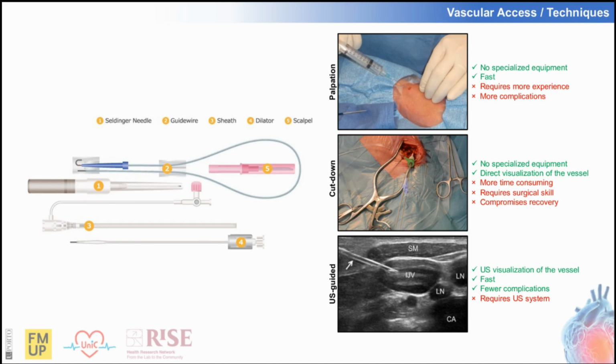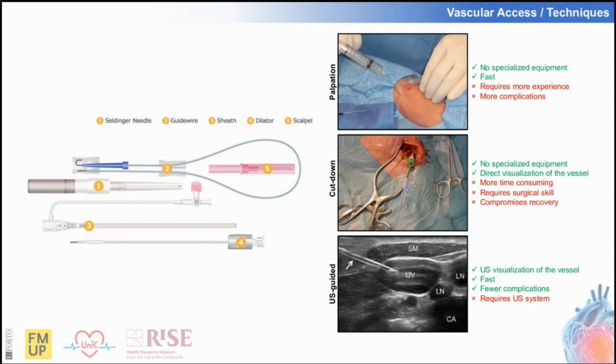This introducer sheath comes with a dilator, as you previously saw, which fits perfectly inside the introducer sheath and allows it to be safely introduced into the artery or vein without damaging any surrounding tissues, as it creates the perfect transition between the guide wire, which is already inside the vessel, and the introducer sheath itself.